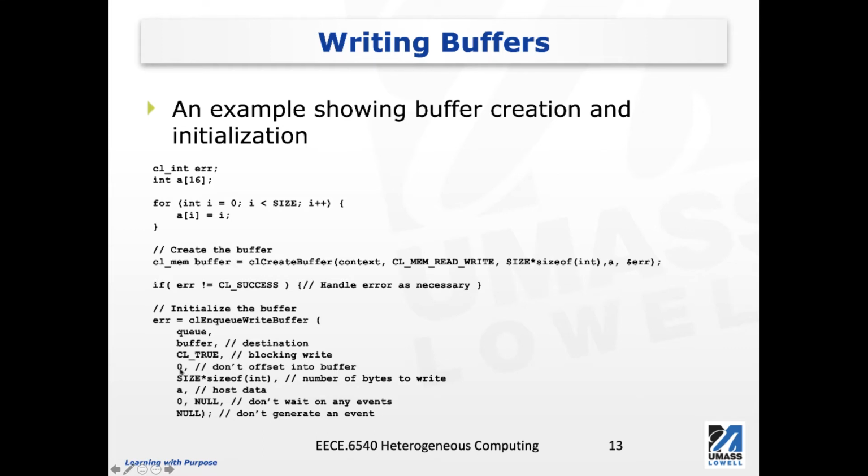Offset is set as 0, and we provide the number of bytes to write, and then the host data. So this is the source of this memory write operation. We're going to copy data from the buffer pointed to by A to the memory object buffer on the device. In this example, we do not wait on any events, and we do not generate an event.